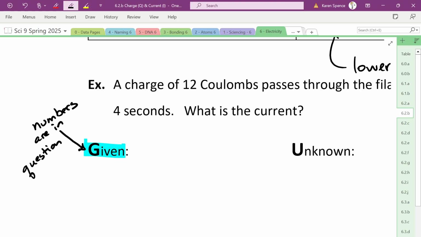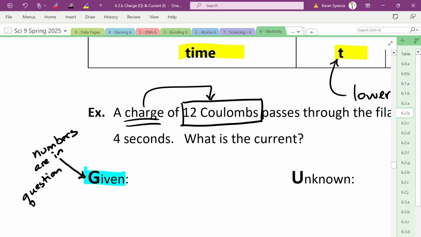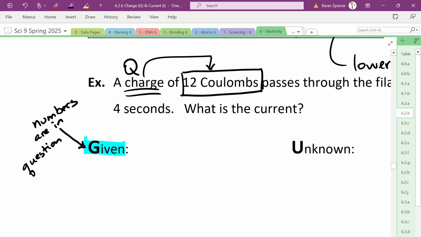Yes. We've got 12 coulombs, and it tells us right there that that is the charge. What is the symbol for charge? Q. And so what we're going to do is we are going to fill in our blanks. Q, charge, is equal to 12 coulombs.